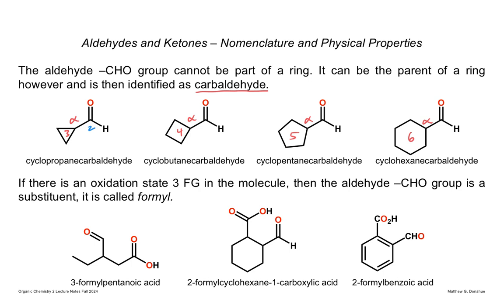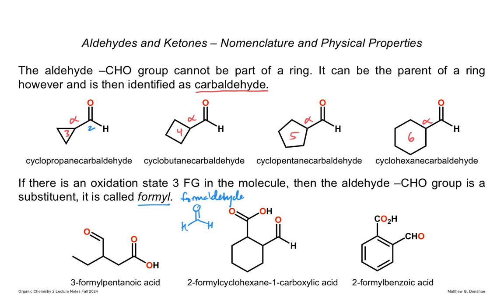So if you have a higher oxidation state than 2, then the aldehyde is named as a substituent called formyl. Again, that comes from formaldehyde, the 1 carbon unit. And if it's a substituent or derivative of that, it's called formyl.